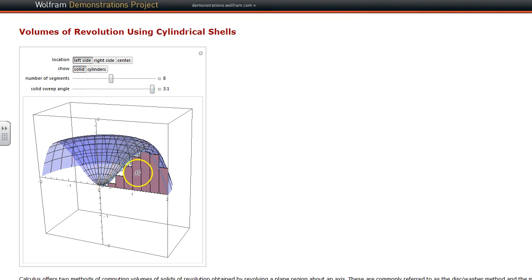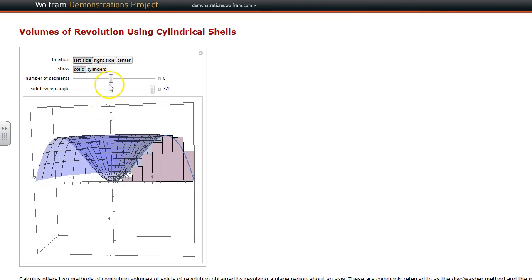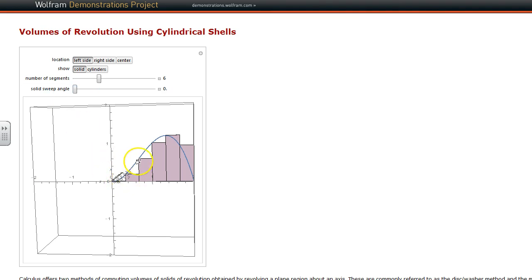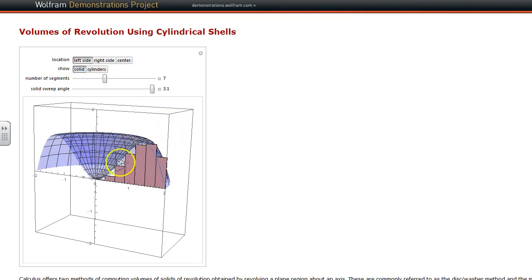The bars underneath are like a Riemann sum in Calculus 1, where we tried to find the area underneath a curve with rectangles. It's very similar: the more rectangles you have, the better the approximation. But now we are rotating it around an axis, and as we rotate it around an axis, we're finding volume.